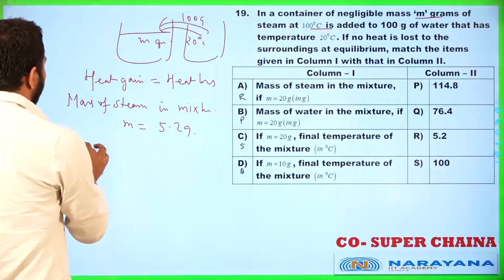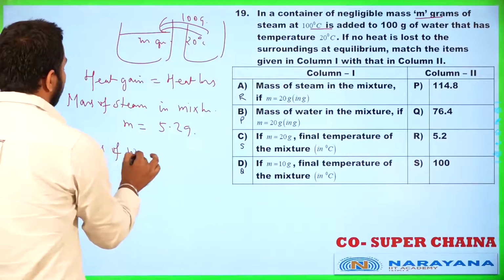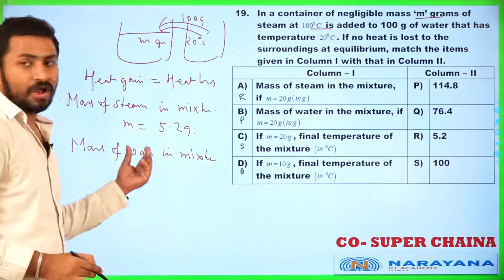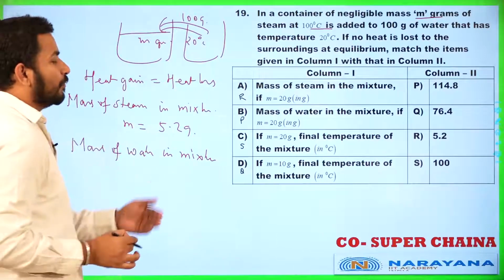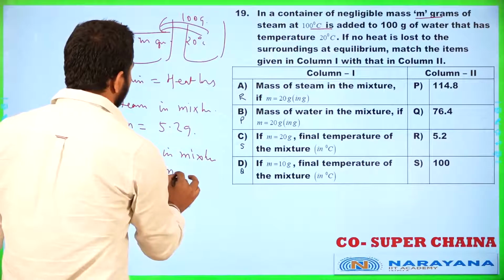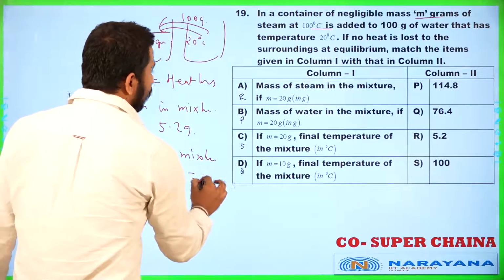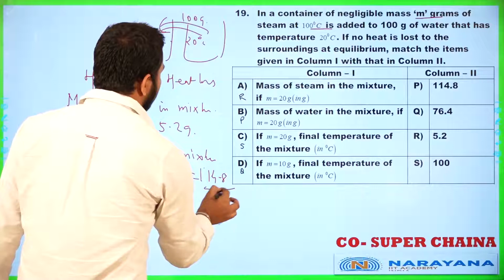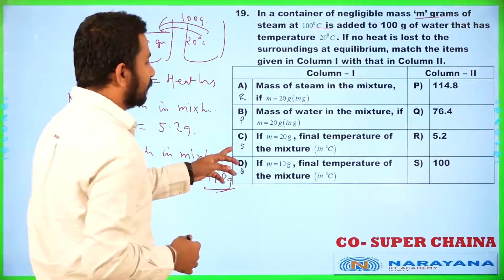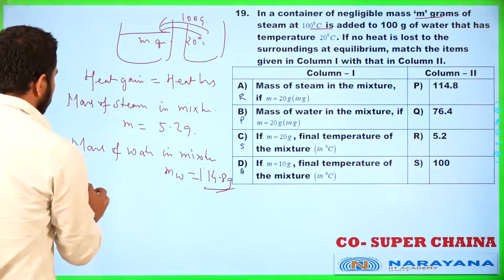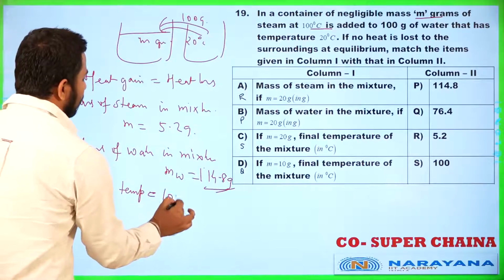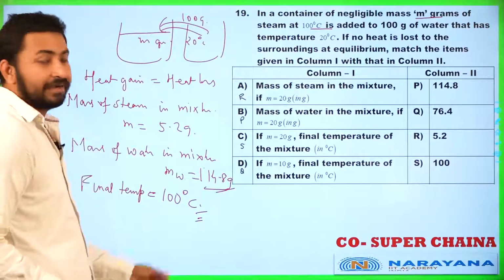Similarly, mass of water formed will be, already we have done this same question, 114.8 gram, right? Final temperature, obviously there will be steam, so final temperature will be same as that of steam temperature, 100 degrees Celsius, right?